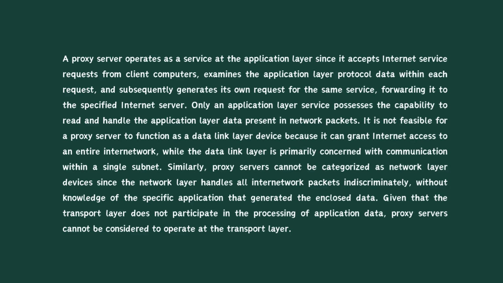Similarly, proxy servers cannot be categorized as network layer devices since the network layer handles all internetwork packets indiscriminately, without knowledge of the specific application that generated the enclosed data. Given that the transport layer does not participate in the processing of application data, proxy servers cannot be considered to operate at the transport layer.